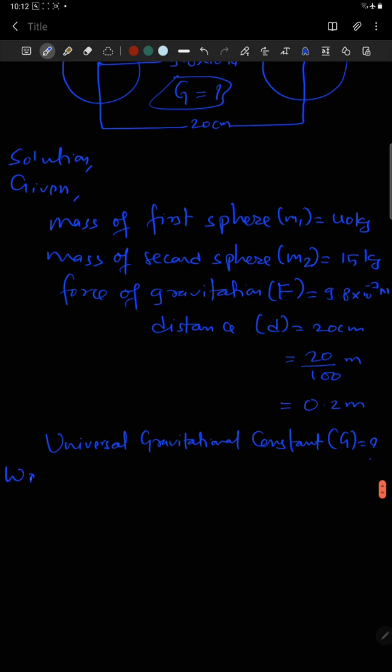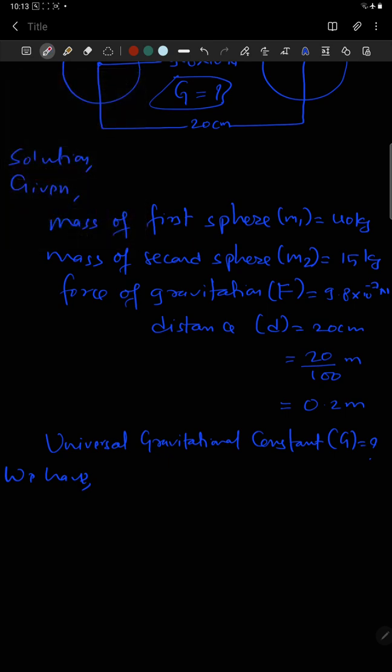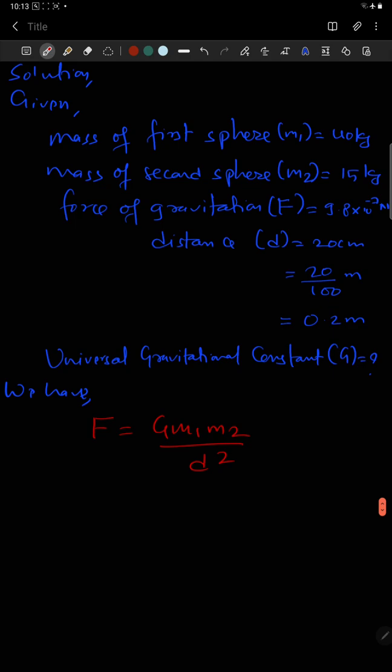Now we are going to use the same formula, that is F equals capital G M1 M2 by D square. Now let us put all the values. F is given here 9.8 into 10 to the power minus 7, equals capital G, which is asked here, so let's keep it as it is.